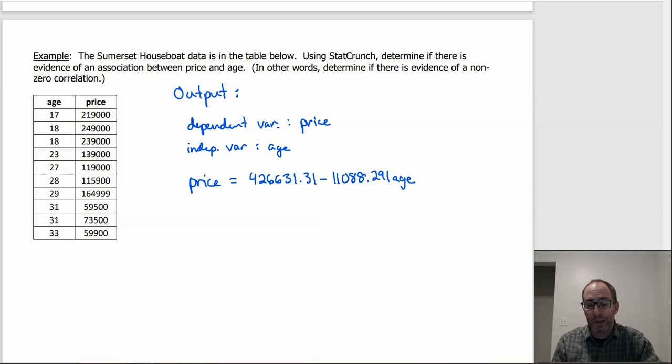Basically, that's a linear equation. If you think of age as X and price as Y, now it looks like algebra. A best fit line should have a linear equation.